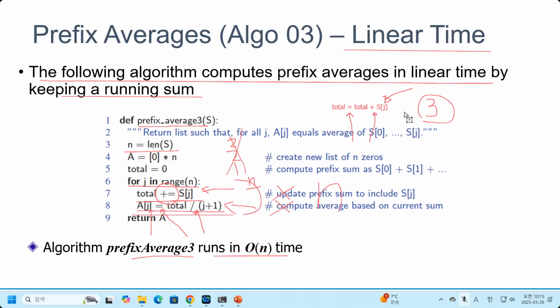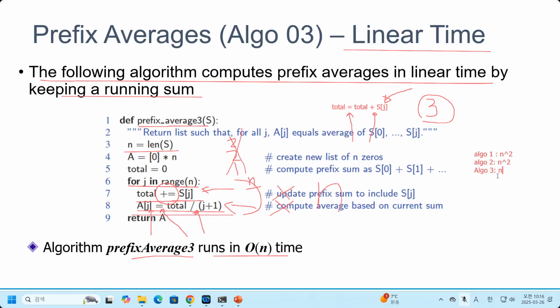Okay, now which one is better? Algo 1 runs n power of 2. Algo 2 runs n power of 2. Algo 3 runs n. Which one is better?